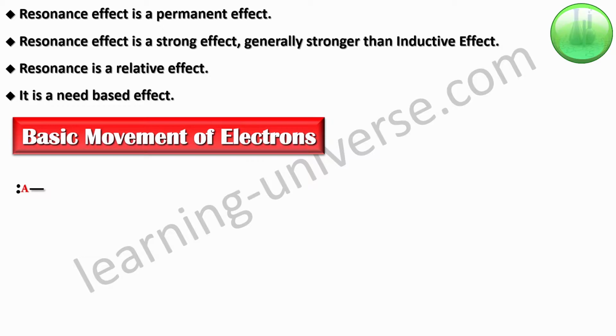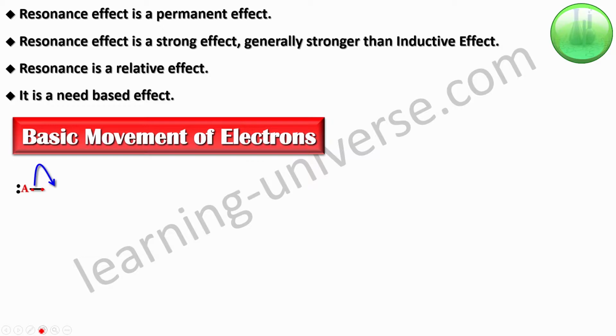So what would happen if it is shown like this? As you can clearly notice, the head of the arrow is somewhere else, whereas the tail of the arrow lies on this bond. This means, and it's a full arrow, that both electrons of this bond are moving away to some other place.